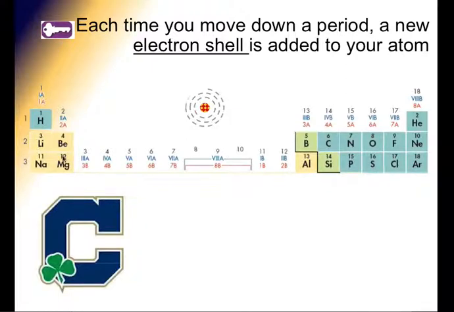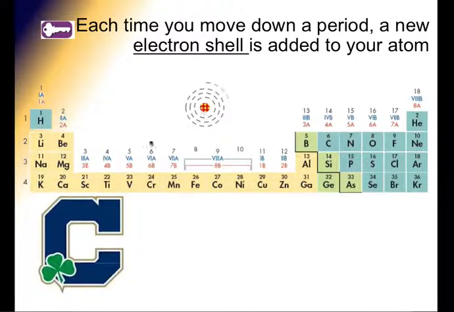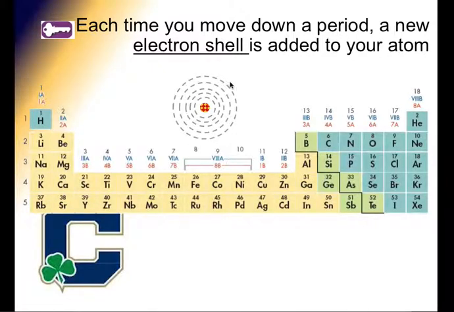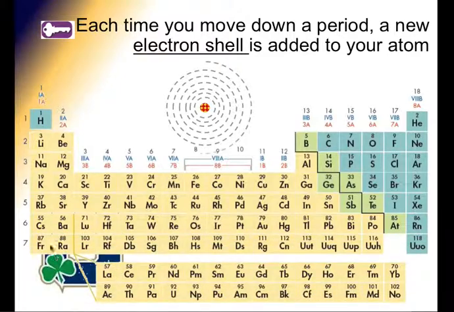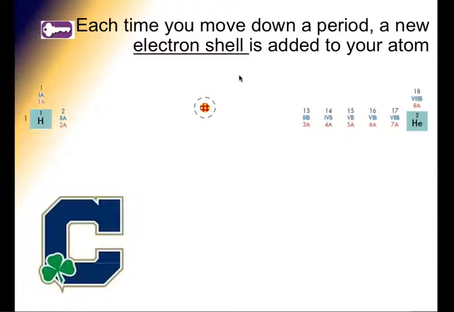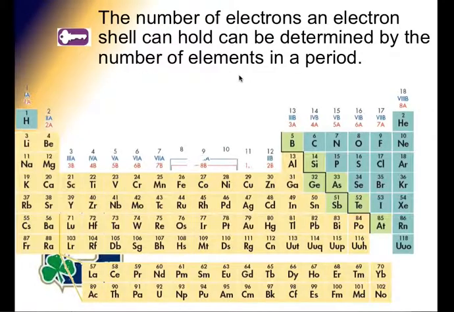Third period, 3 electron shells. Fourth period, 4 shells. You can see the pattern here. Period 6 includes the lanthanides, and 7 includes the actinides. So the most number of electron shells that you can have is 7. It gets a little more complicated than that later on, but we'll talk more about that then.